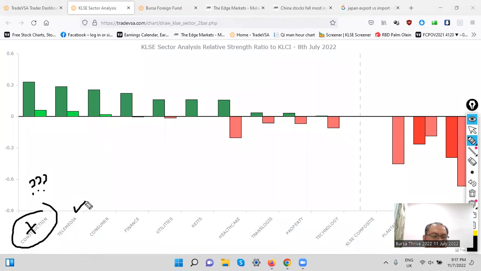Telemedia I think is good because 5G is coming, and the development needs to continue. Consumer really depends on the coming data of consumer spending. So far I think these two you may have a look at the stocks.